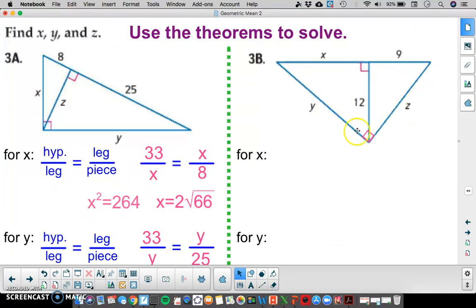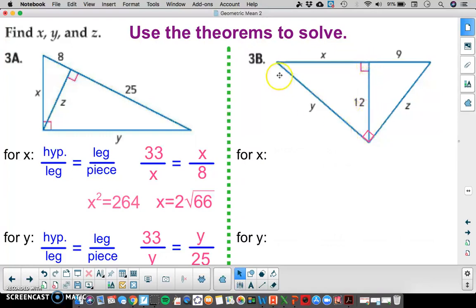Okay, let's take a look at the other example. For x, x is one of the pieces here. It's a piece of the hypotenuse. So if we want to solve for one of the pieces, we know that we can either use the leg theorem or the altitude theorem.